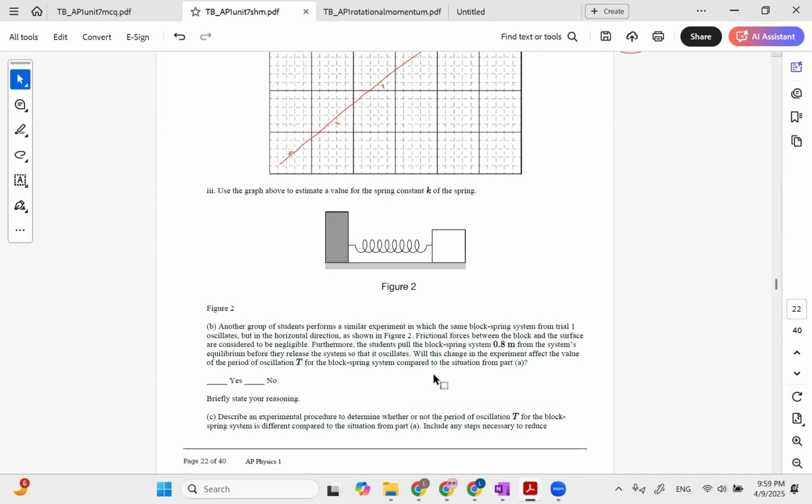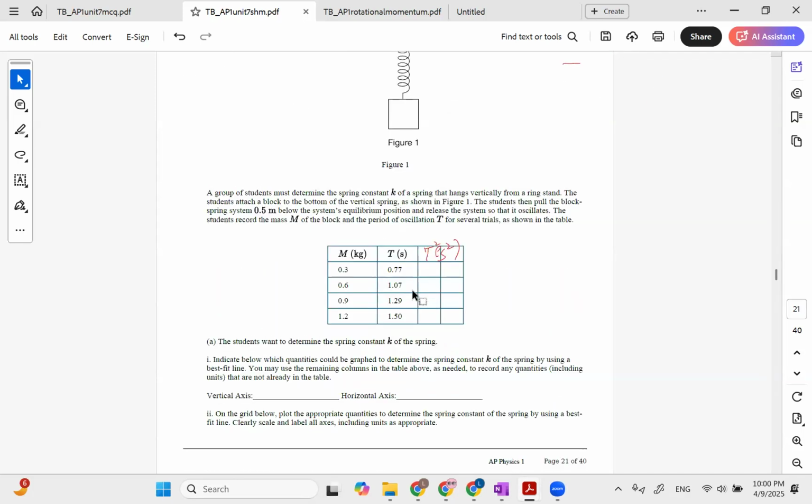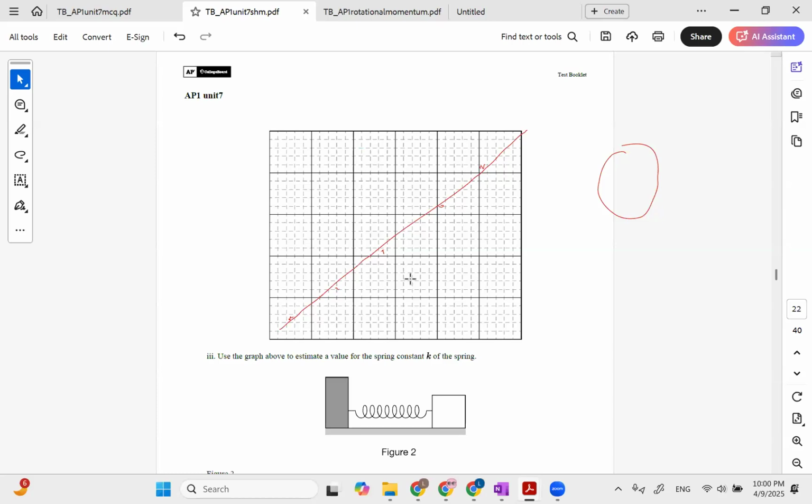And then repeat 3 times to get average, right? And then you will find a period. You compare the period to the first situation. Does it make sense?